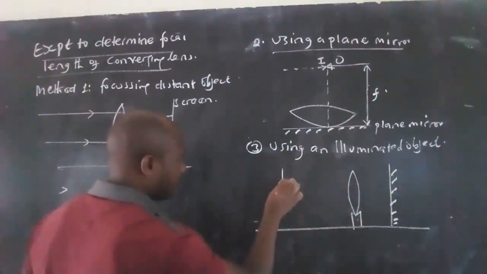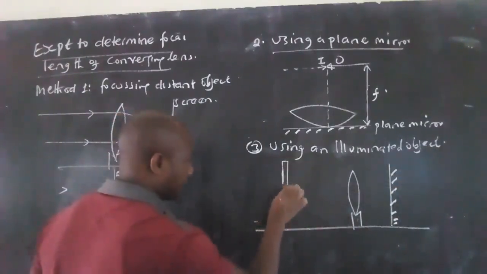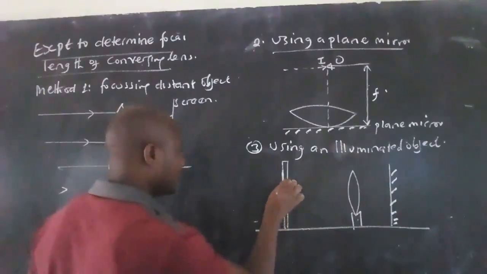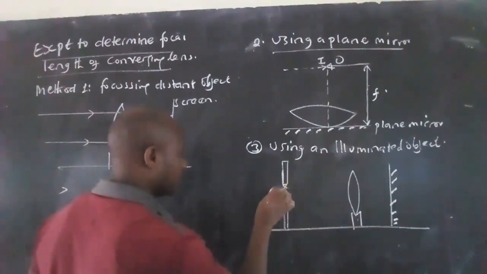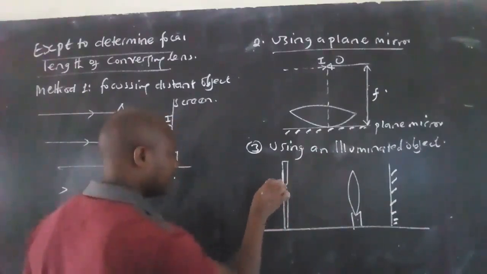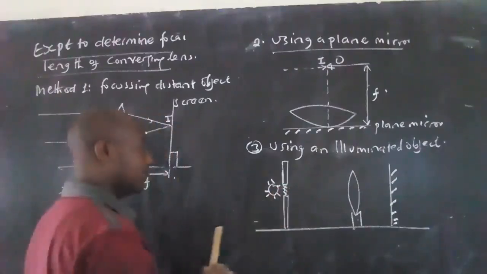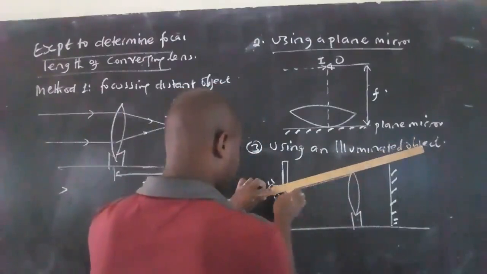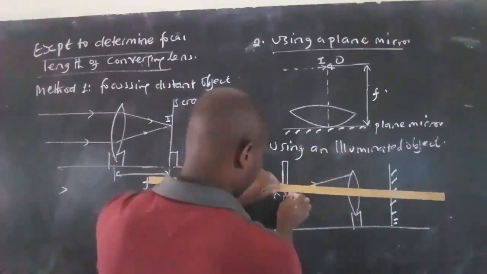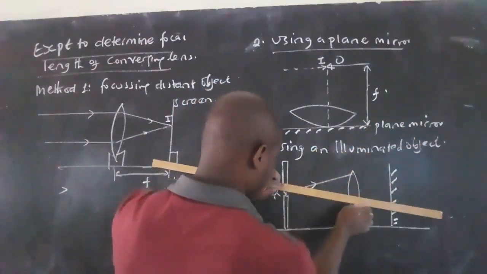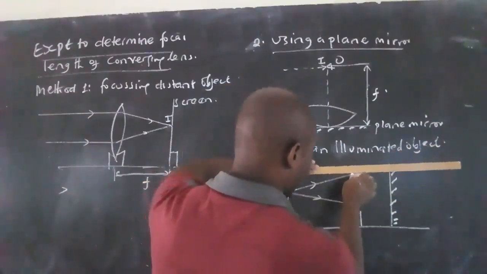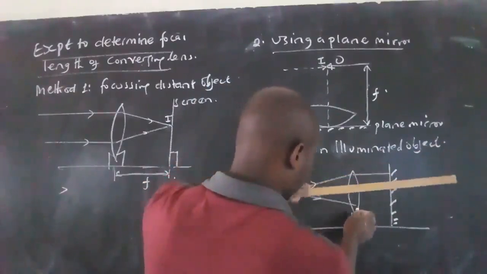Then here we have the screen with the cross wires, the source of light, such that you have this.